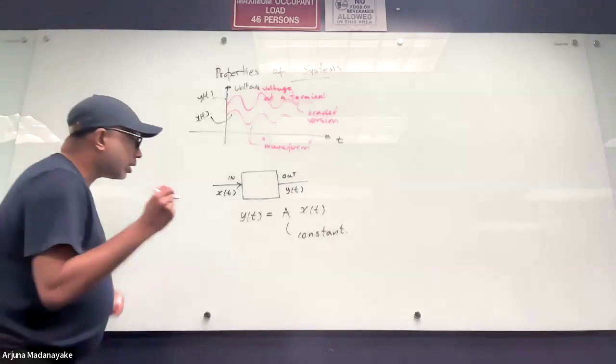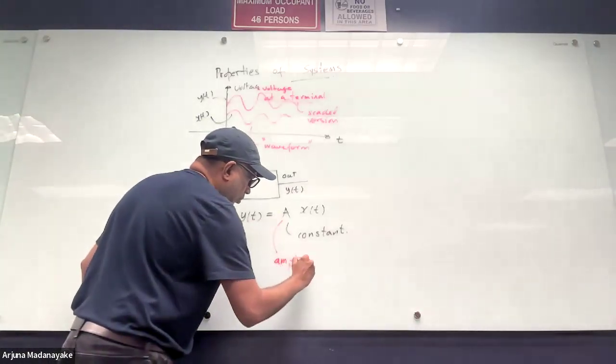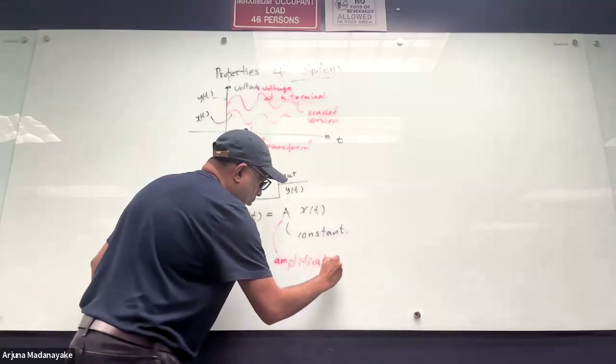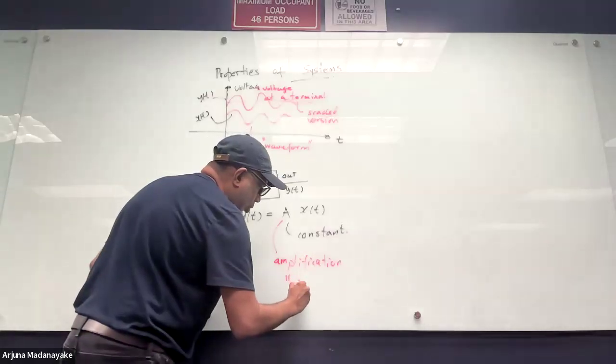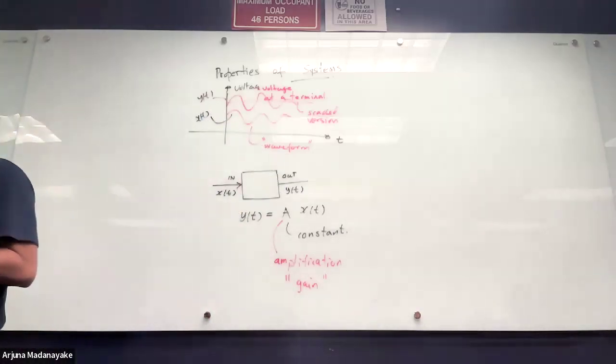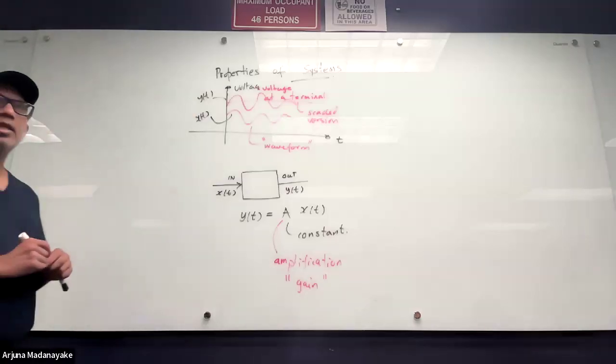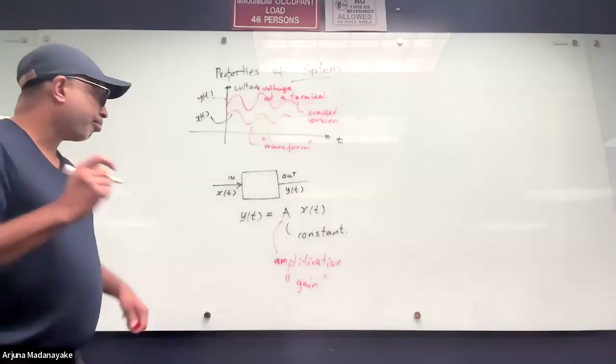So this constant is known as the amplification. We call it also the gain.